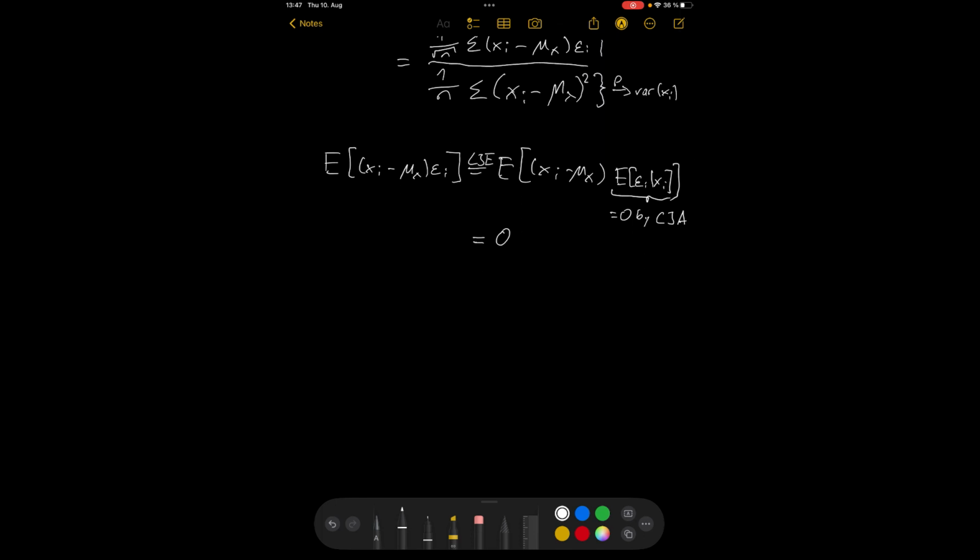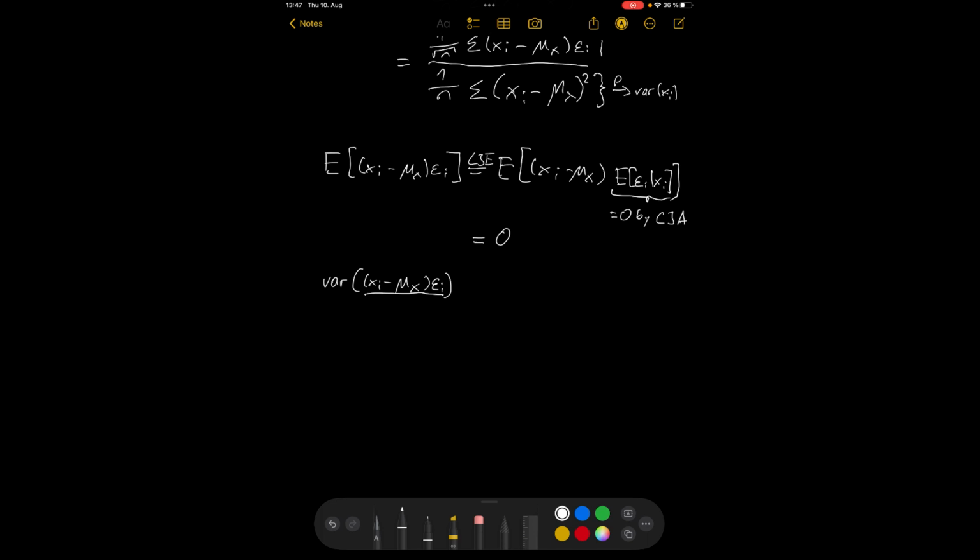Now, what's the variance of this? The variance of (x_i minus mu_x) epsilon_i is actually very simple, because we've just shown that the expression in here has mean 0.